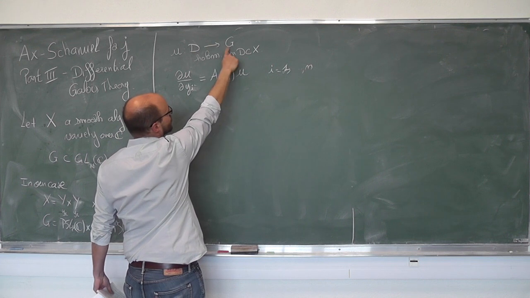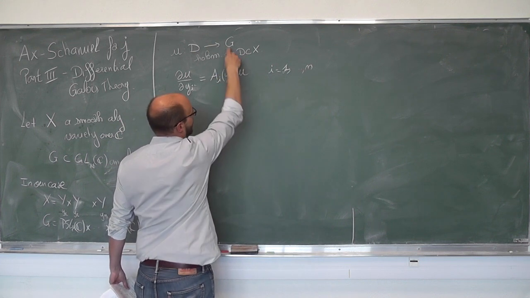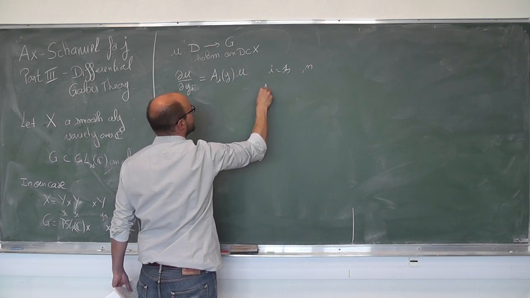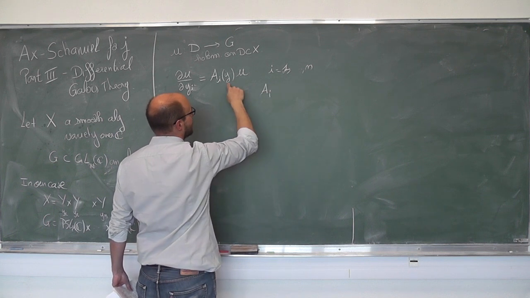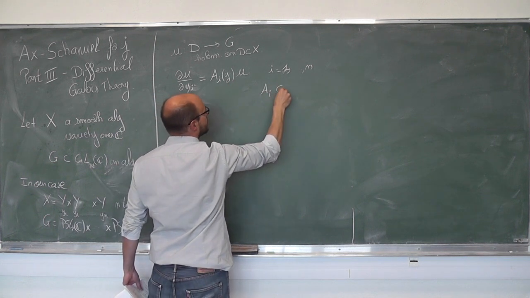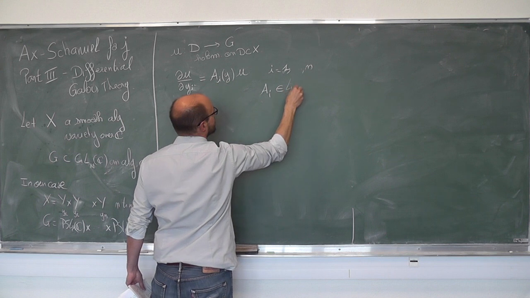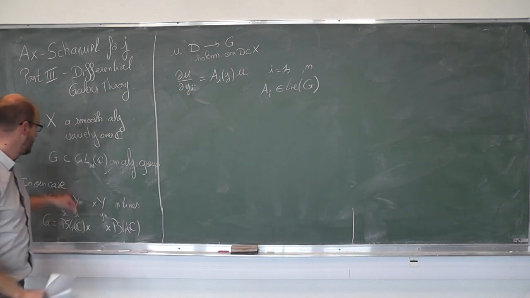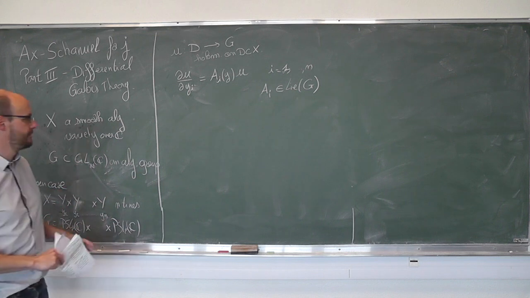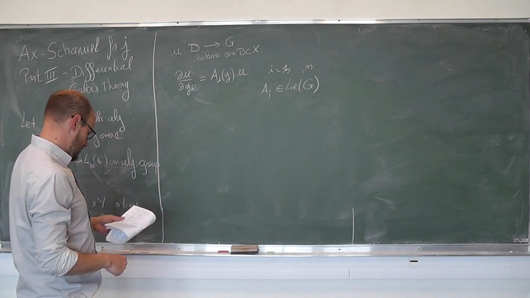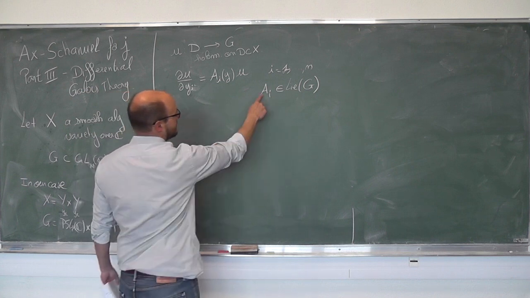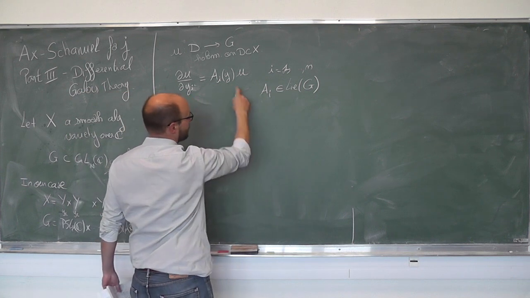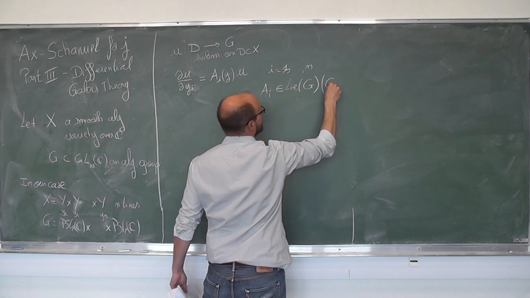Because we want the solution to live in G, we need this matrix to be, at each point y, in the Lie algebra of G, which is the tangent space at the identity. So this matrix of functions lives here.